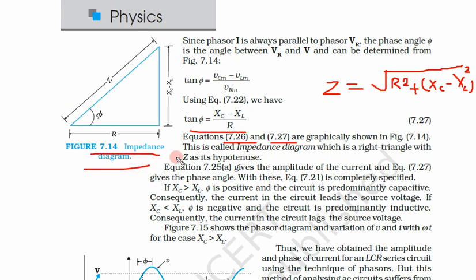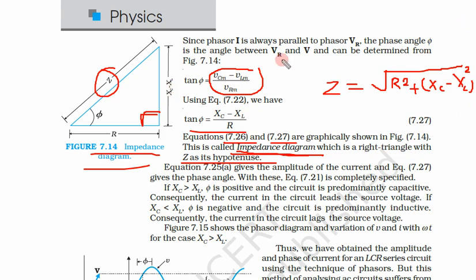This is the same triangle, but when we divide by I, we get this kind of triangle. This is called the impedance diagram, which is a right angle triangle with Z as hypotenuse. As we can see, this angle is a right angle and Z is its hypotenuse.